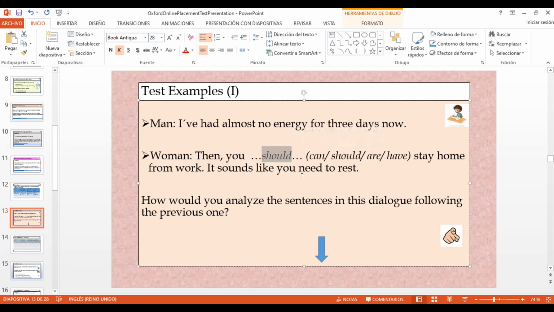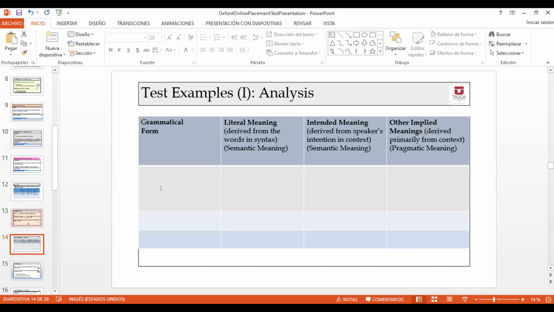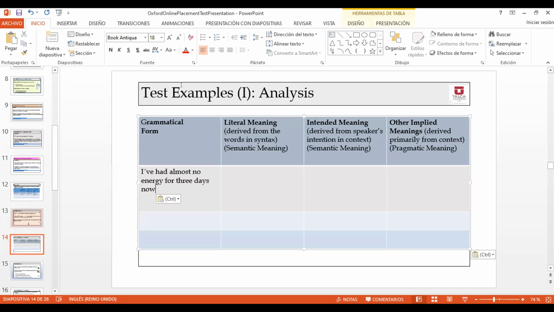Exactly. Okay, so now we're going to analyze this. So this is what you have to do in this exercise. Plus, I will help you do this analysis so that you keep on thinking in this way. So the grammatical form says, I have had almost no energy for 3 days now.